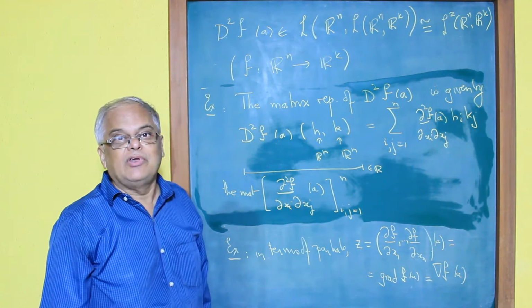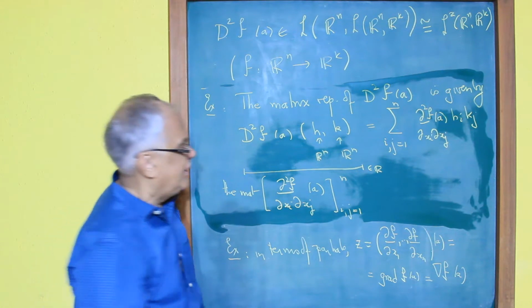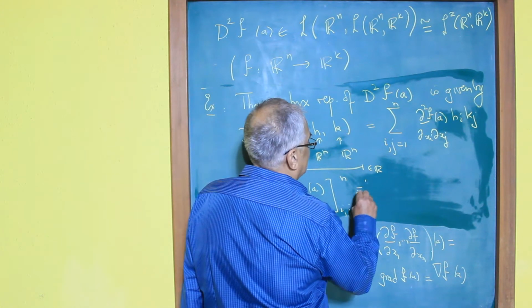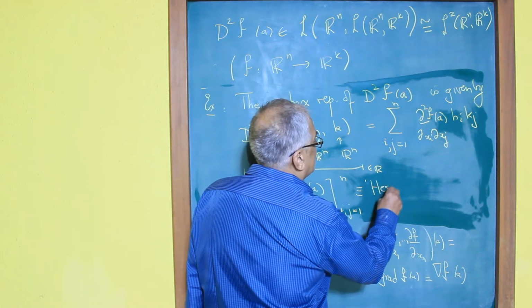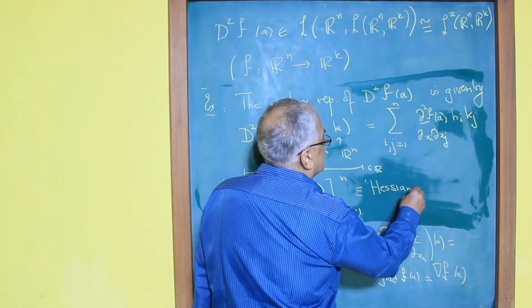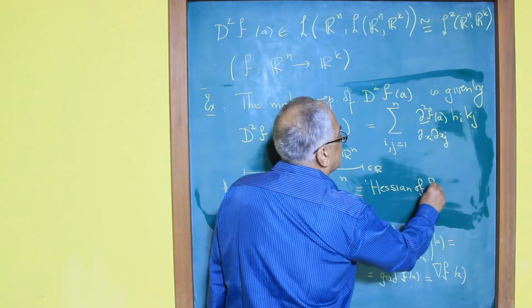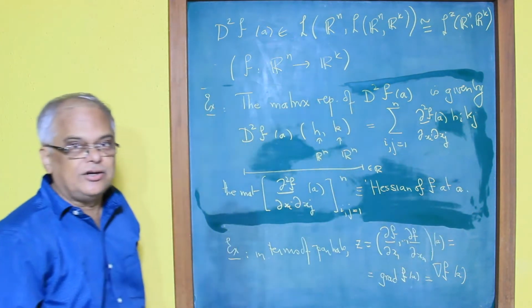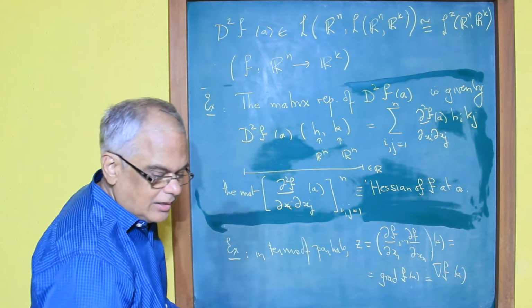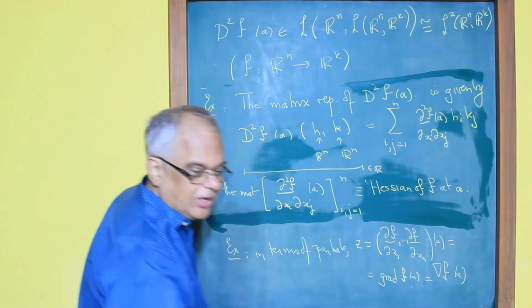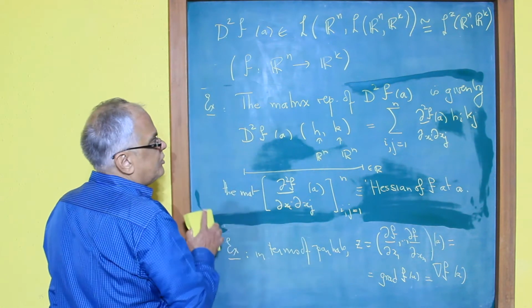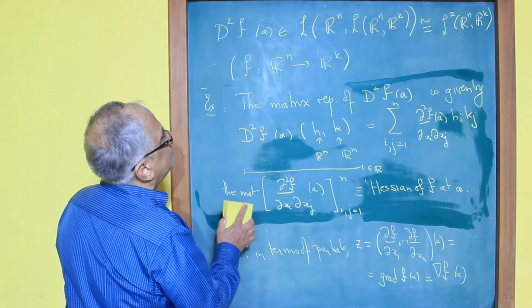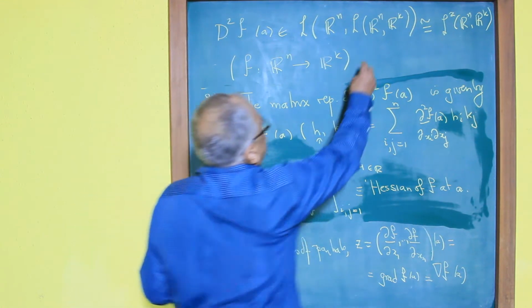The name that you're giving to this matrix is called the Hessian. It's called the Hessian of f at a. In the same way, you should be able to prove that this is what the second order derivative is for a function from Rn. So let me write here k is equal to 1.